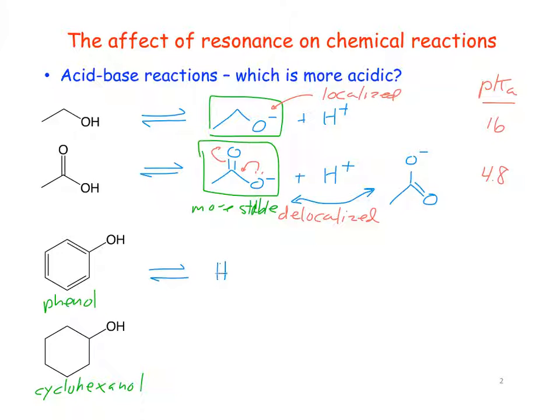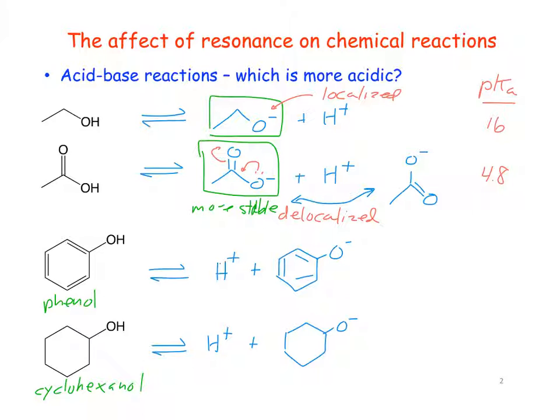All right, I'm going to put the H plus here, so it gives off a proton. And we form a conjugate base that looks like this. And for cyclohexanol, it gives off an H plus, leaving this O minus.